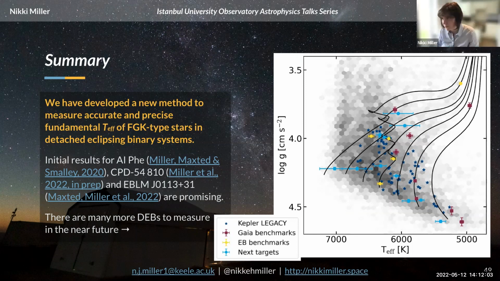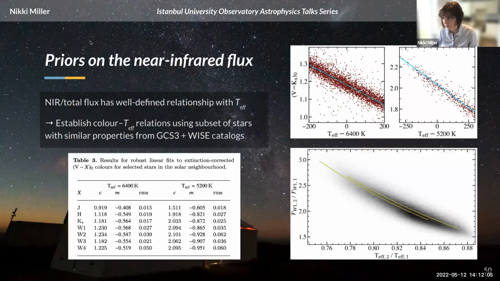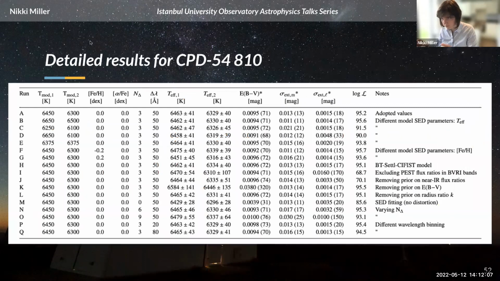Yeah, I can show you the full version of this table here. With the reddening, so this is the reddening for this system, CPD, and this is where the code lands upon it, which is similar to the input that we give it. When we remove any kind of restriction on what the reddening is, again, the uncertainty is almost as big as the value.